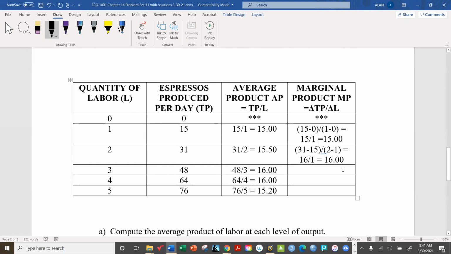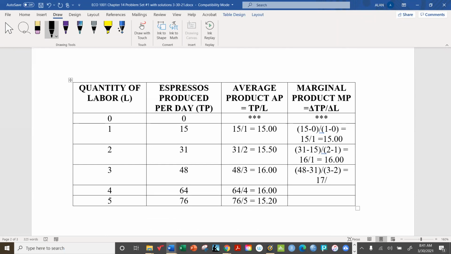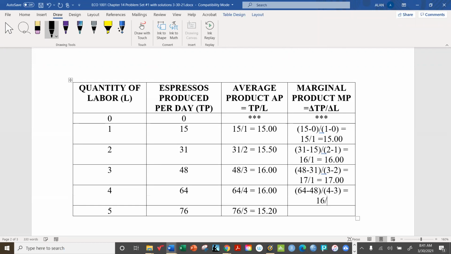That's better. Okay. Now for this one, we have 48 minus 31 divided by 3 minus 2, which is 17 over 1, which is 17. And now this is where it starts to turn down. 64 minus 48 over 4 minus 3, of course, equals 16 over 1, which is 16.